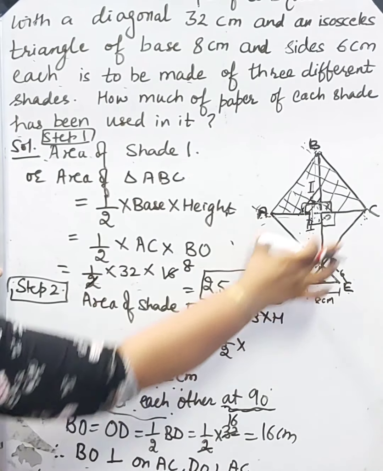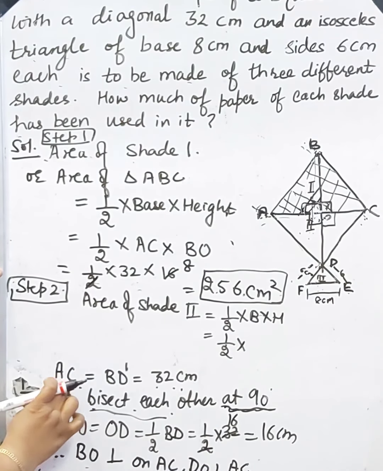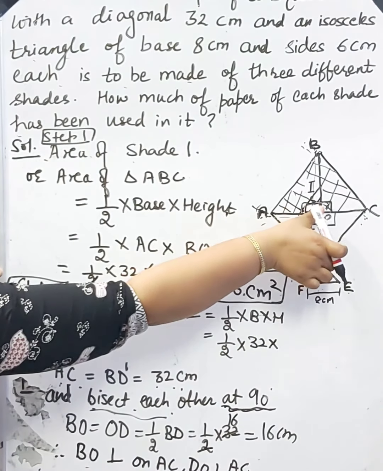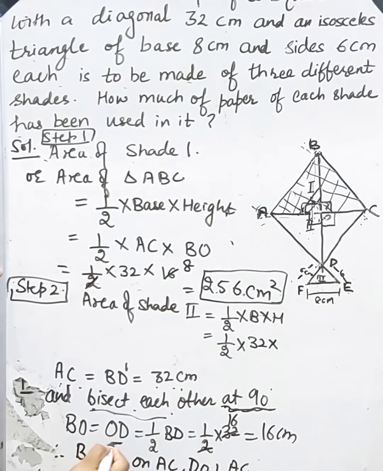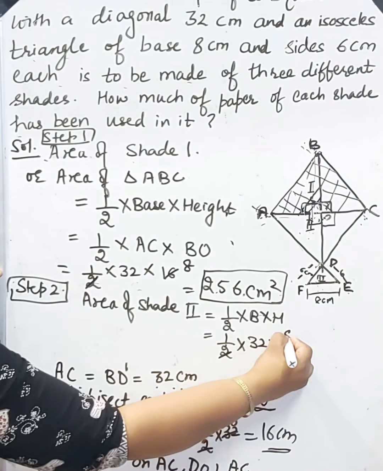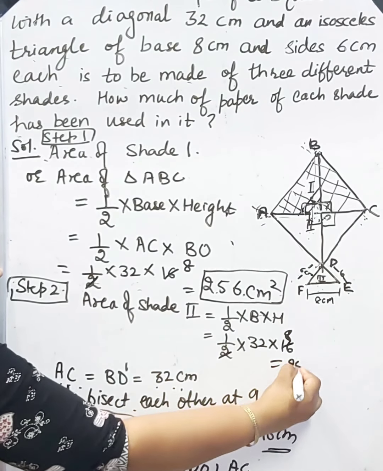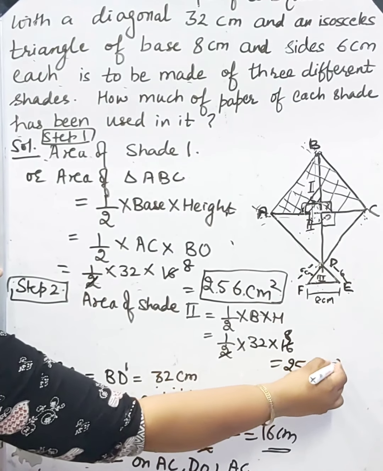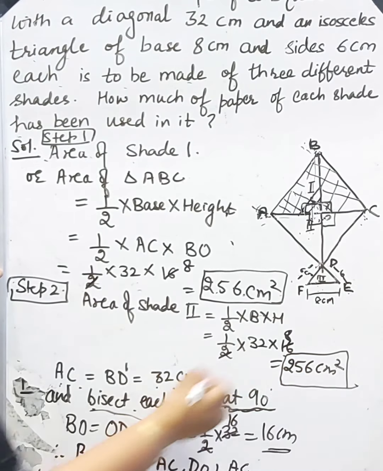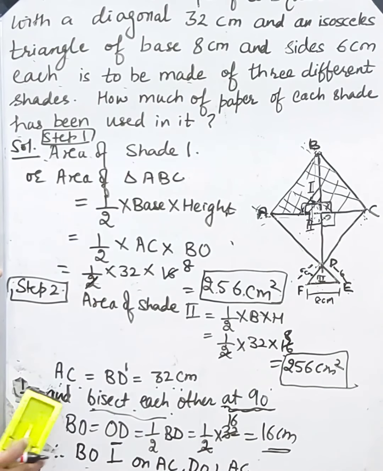Here base is AC and AC is 32 centimeter, and height is DO and DO is 16 centimeter. Therefore, area of shade 2 equal to 256 centimeter square.